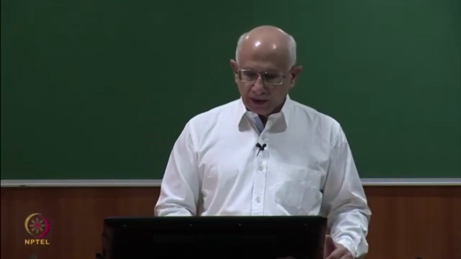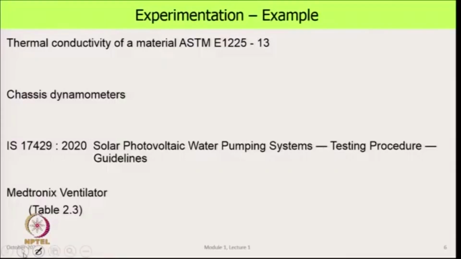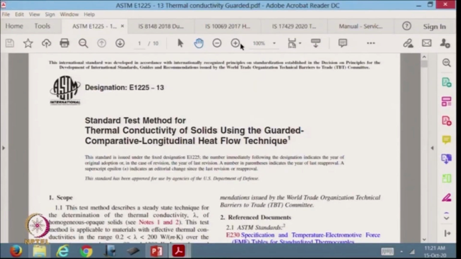Right now, I will give you quickly some examples of standards and facilities that people would use in experimentation. Here is an example which is a standard from ASTM, American Society for Testing and Materials.